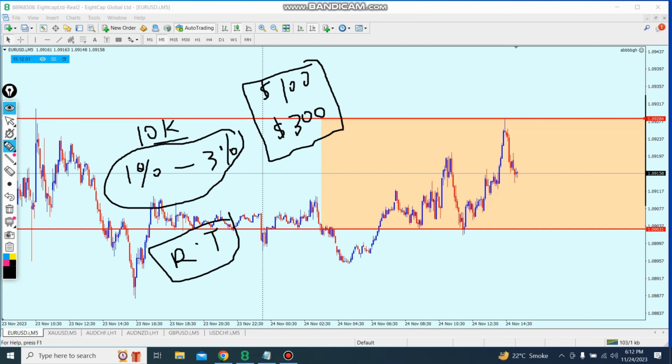risk tolerance. My risk tolerance being $300 on a $10,000 account or 3% of my total account value is always my risk tolerance.